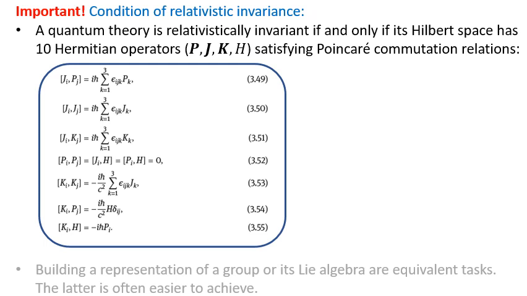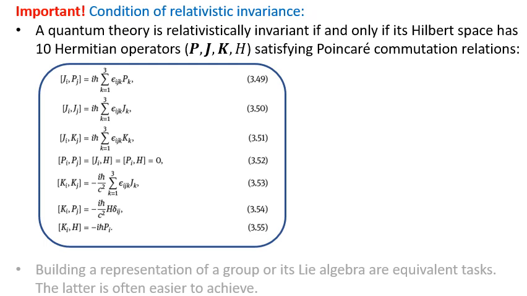This construction helps us to answer a very important question. How to tell whether a specific physical theory is relativistically invariant or not? The necessary and sufficient condition for the relativistic invariance is that the Hilbert space has 10 Hermitian operators satisfying commutation relations shown here.